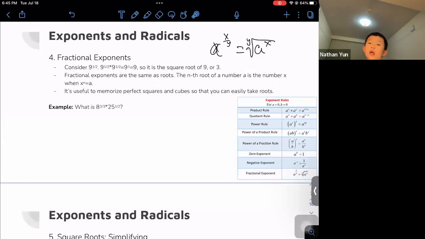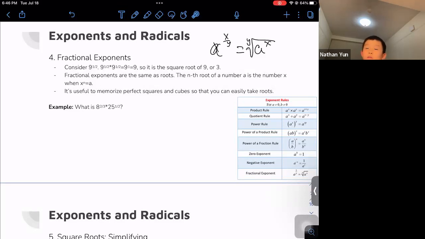So because 8 squared is 64 and the cube root of 64 is 4, 8 to the power of 2 over 3 is 4.